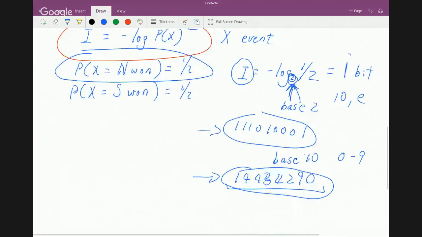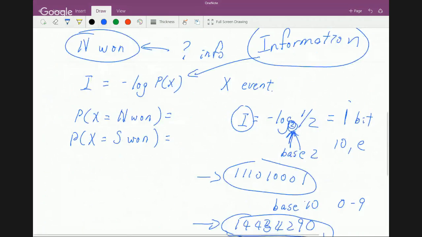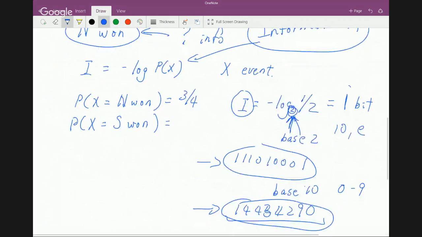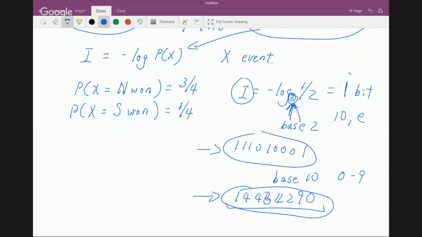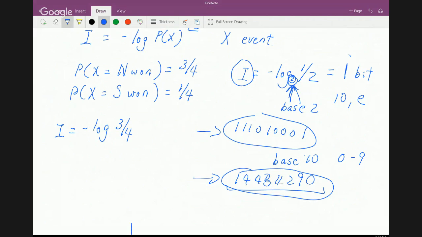Of course, information is not always an integer. This could have been something like 3/4, so that the probability that the North will win is much higher than the probability that the South will win. In this case, we do it again: minus log of 3/4. Now you're going to need a calculator, and you will get, I think, 0.12, something like that.